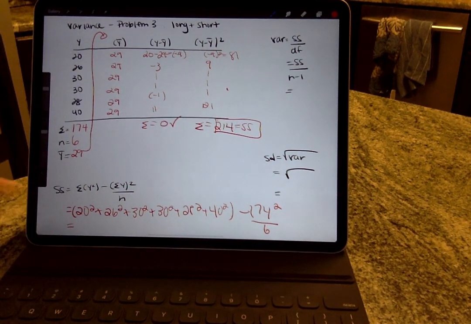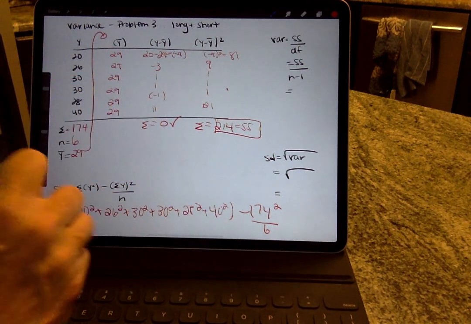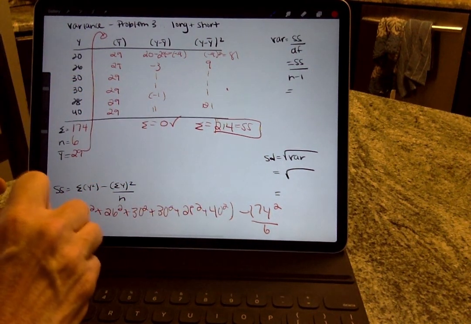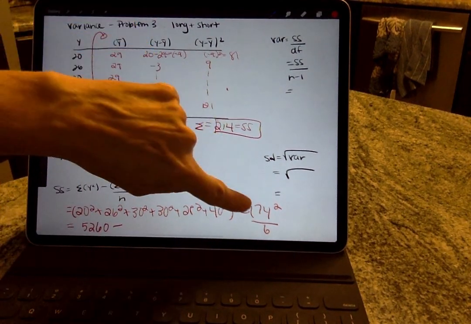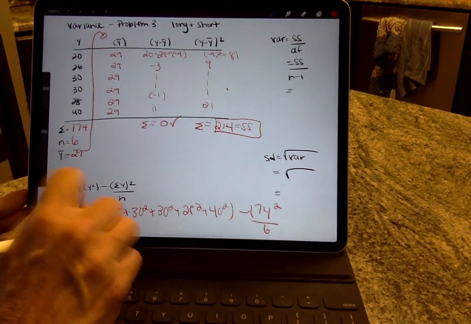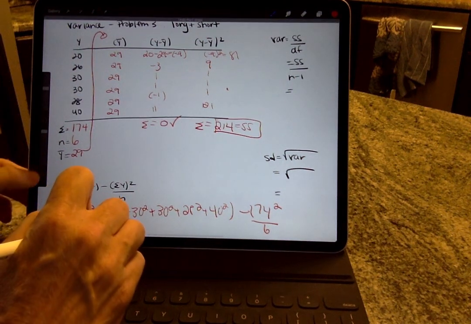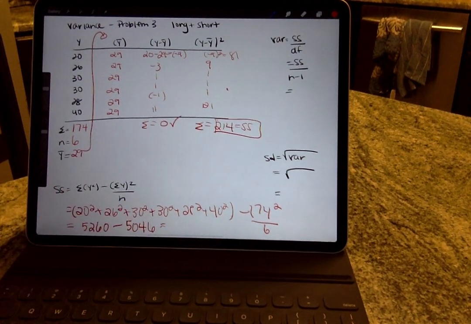So when we do the math on this, when you add up all of these numbers squared, you get 5,260. When you take 174 squared and divide it by 6, you get 5,046.